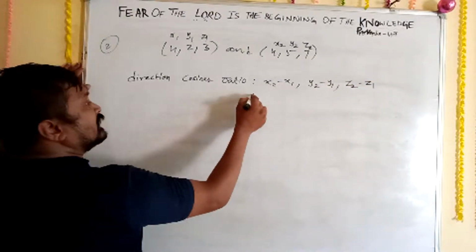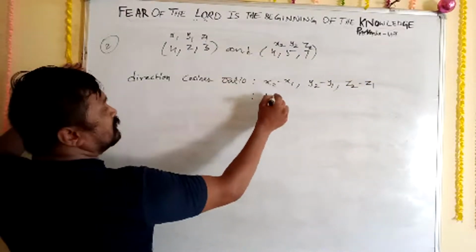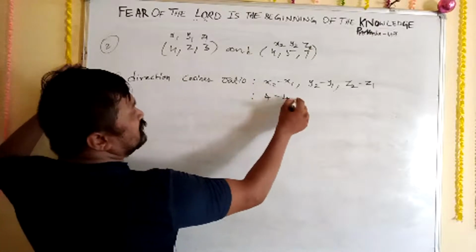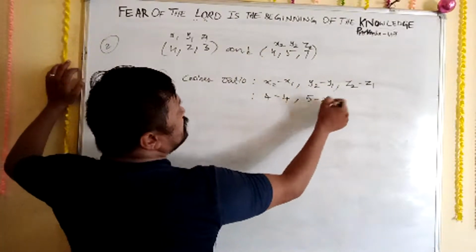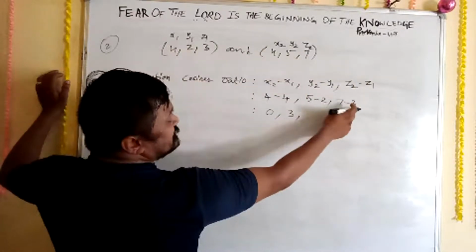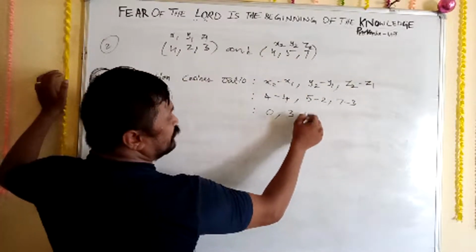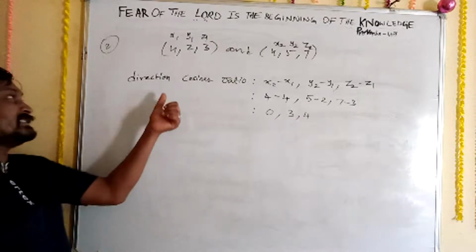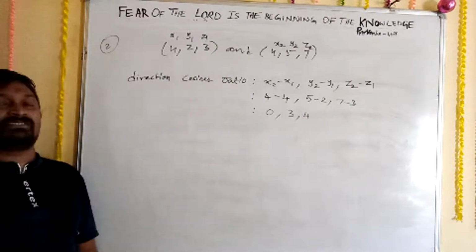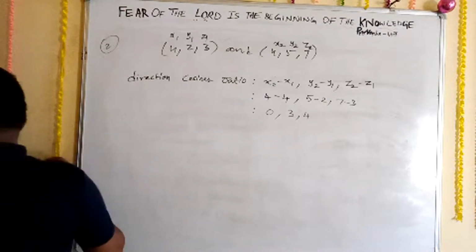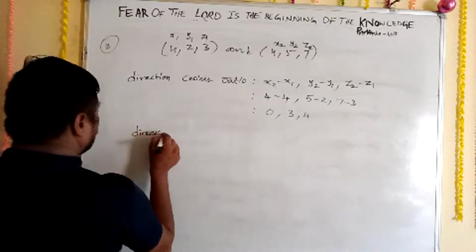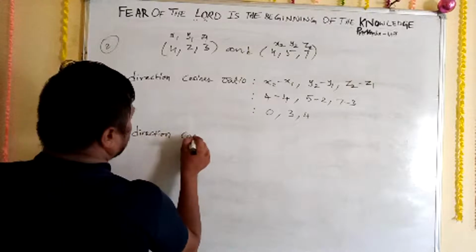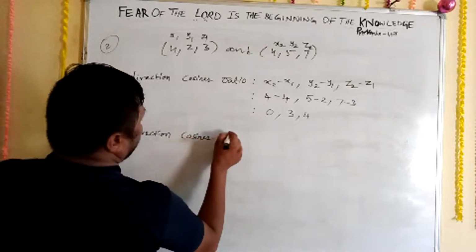Here x2 minus x1 means 4 minus 4, next y2 minus y1 is 5 minus 2, and z2 minus z1 is 7 minus 3, which is 4. So 0, 3, 4 is your direction ratio. Now I am going to write the direction cosines of the line.